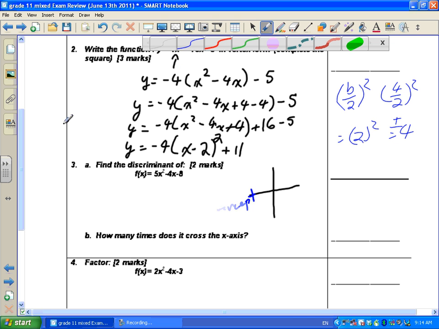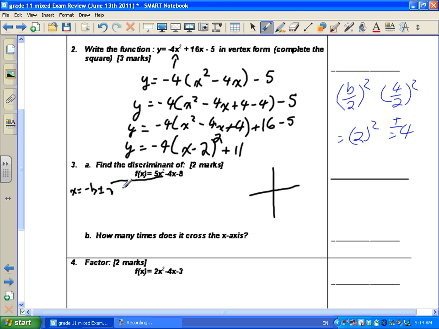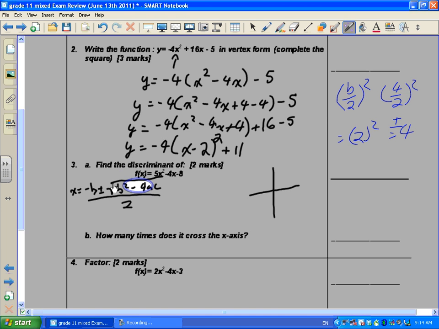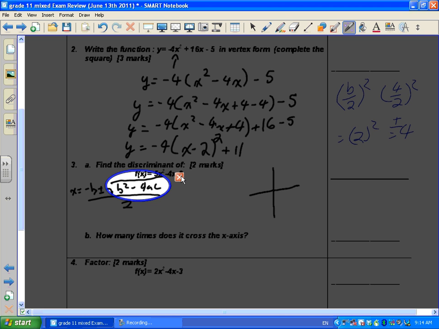So, if you guys remember the quadratic formula, x equals negative b plus or minus the root of b squared minus 4ac, divided by 2. Now that's your quadratic formula. The discriminant is technically just that part there.